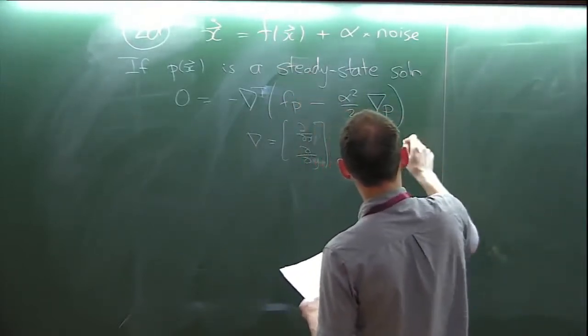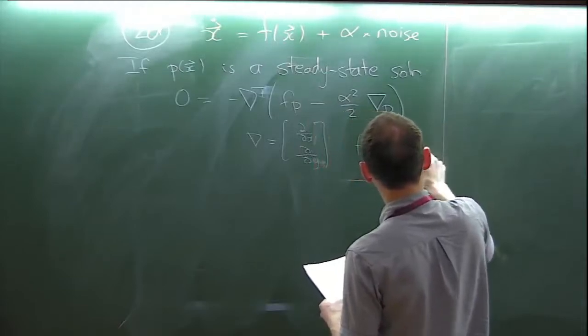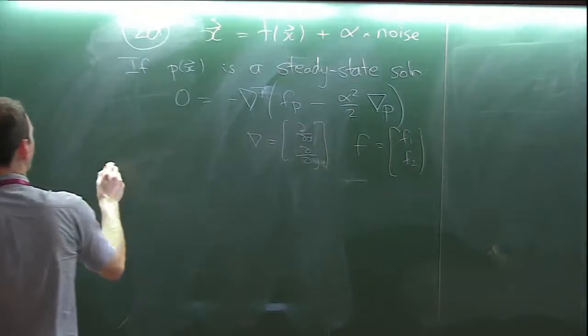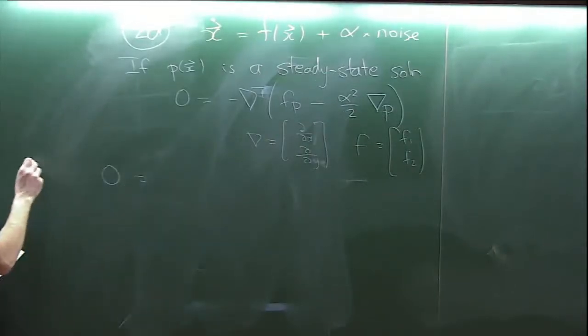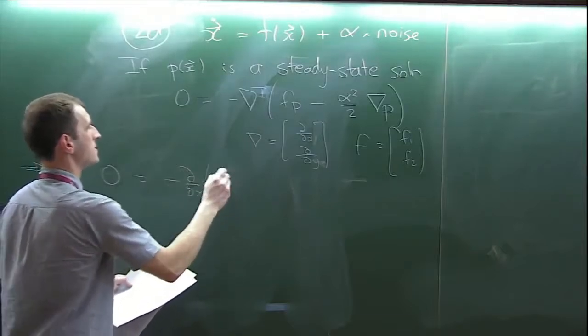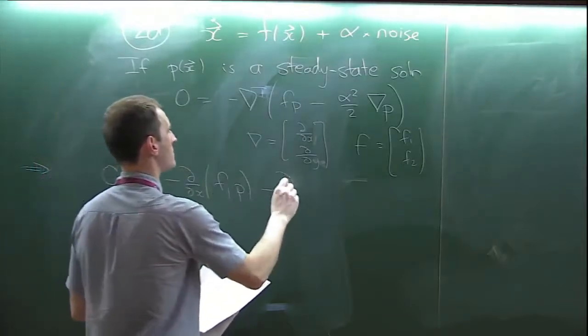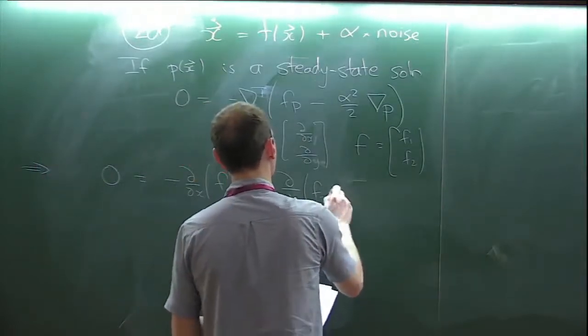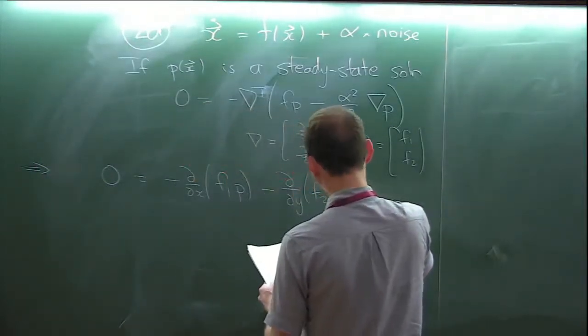F is a 2-dimensional vector field, so F has 2 components, F1, F2.